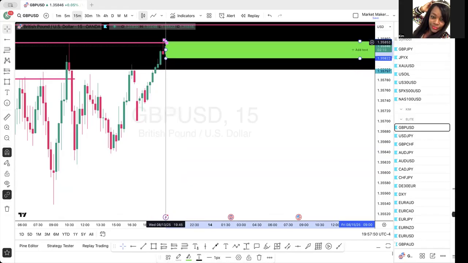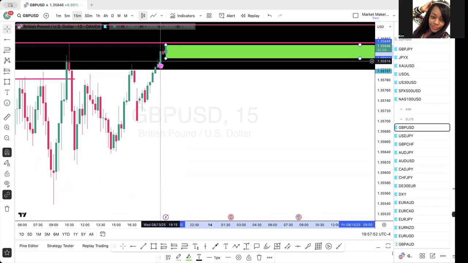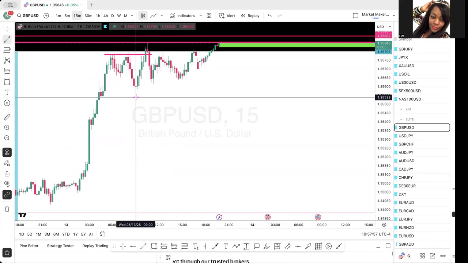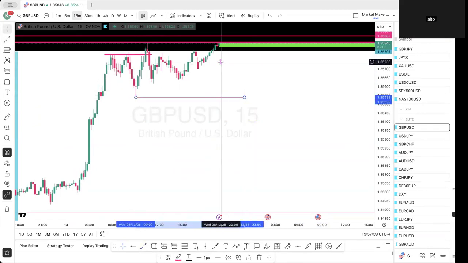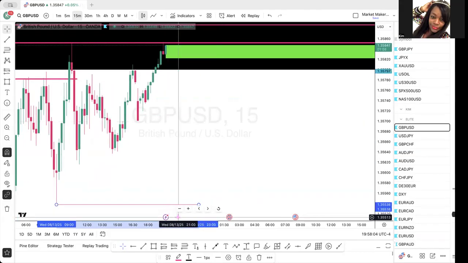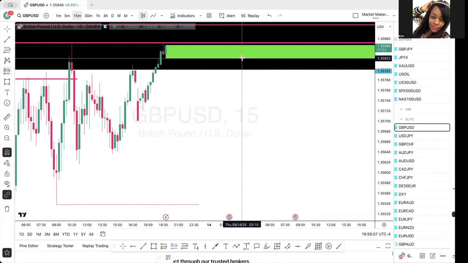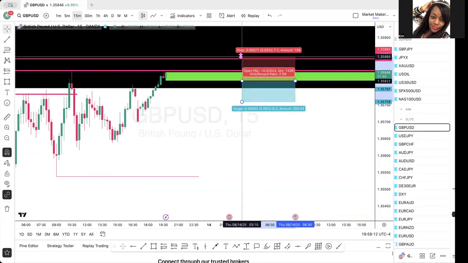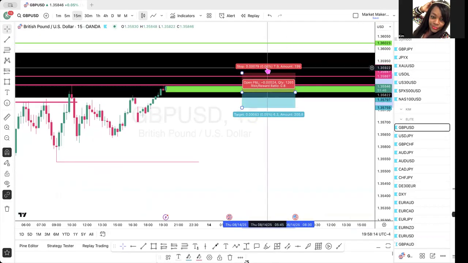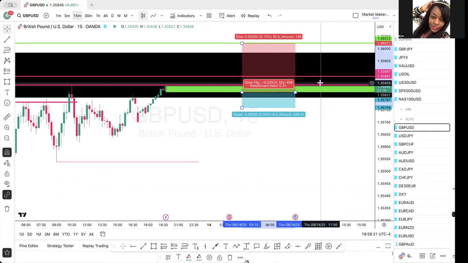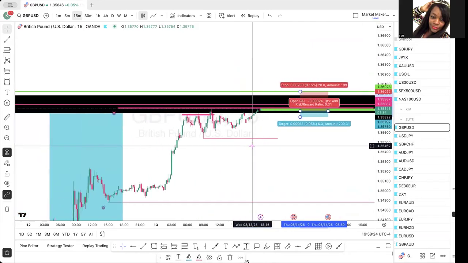Say if this is the last up candle, after price shifted this structure, I'm going to mark up this zone and I'm going to set my limit and I'm going to cover. I'm going to do 20 pips. And that might even be too much at that point, but I'm gonna do it.